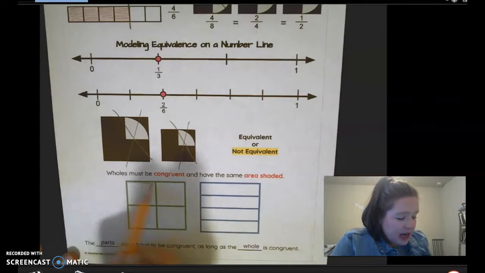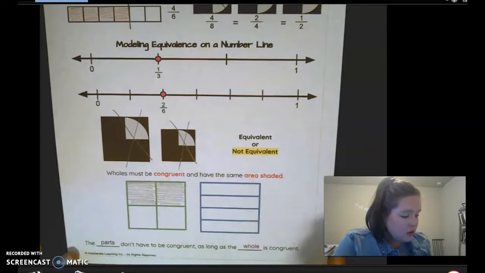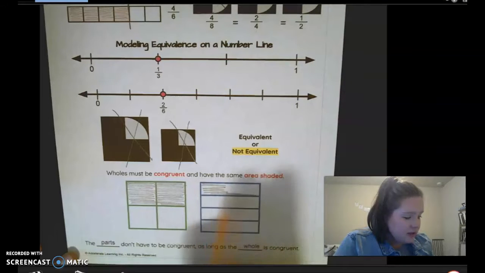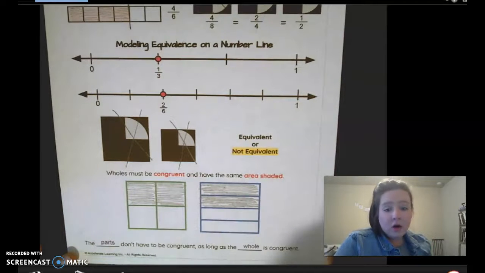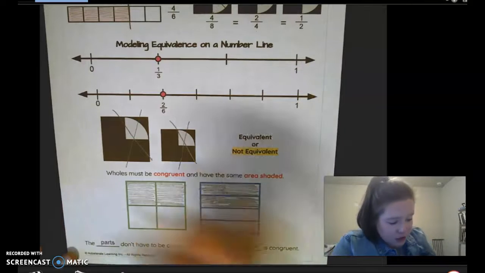So if I shade two-fourths, and then I shade 2/4, my wholes are congruent and I have the same amount shaded. 2/4.